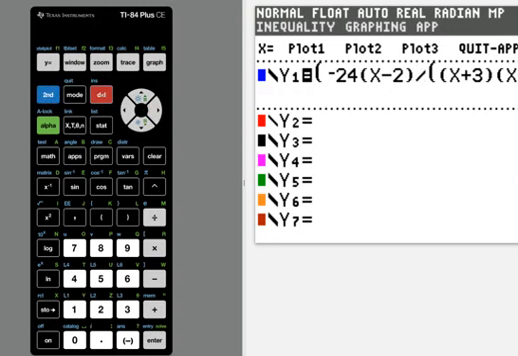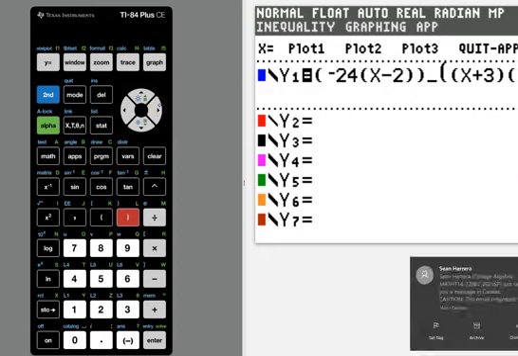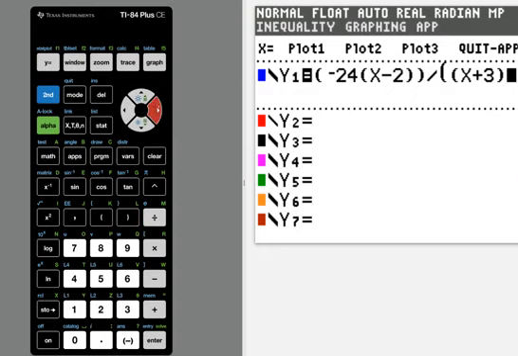So one more insert, second delete, and I have a closed parenthesis. So that gives me my entire numerator inside parentheses, and I don't know if you can see this, but maybe if I were to move the screen, you'll see that you have the entire denominator in parentheses.